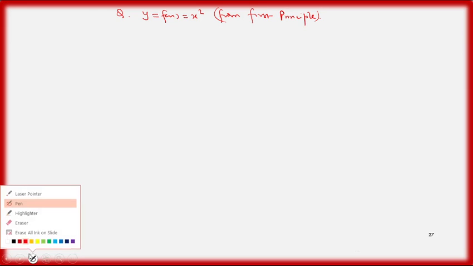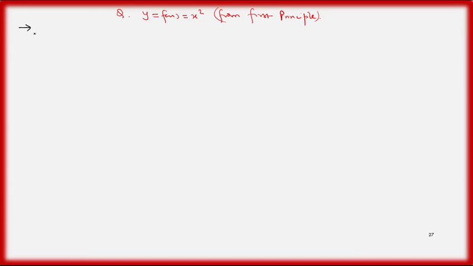Okay, dear students, now we have to find the derivative of y equal to f of x equal to x square from the first principle. Question. So we have to find the derivative of x square from the first principle. Let y equal to x square be the first equation.